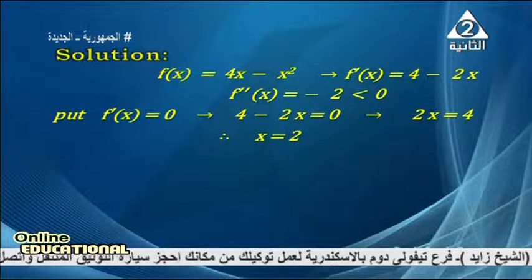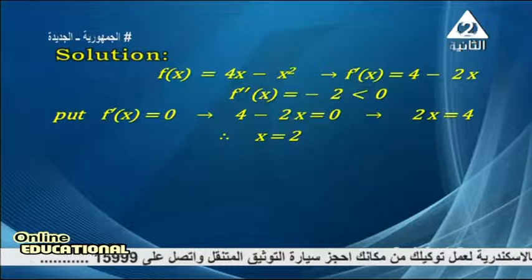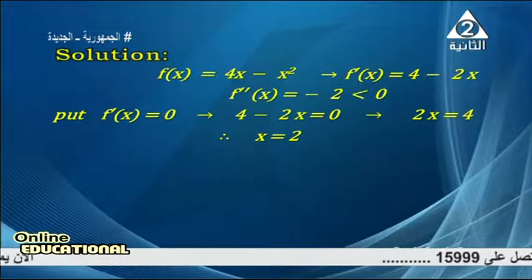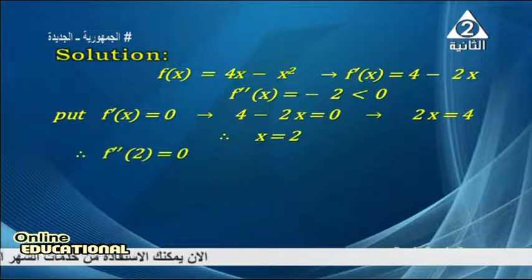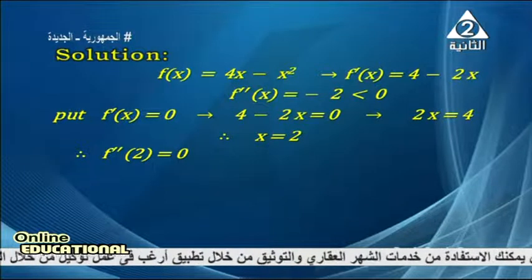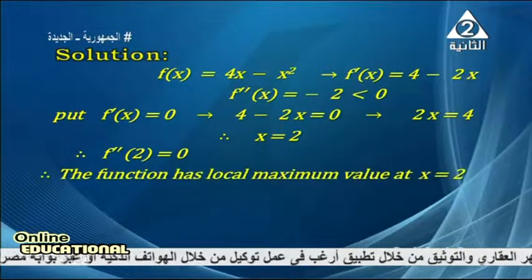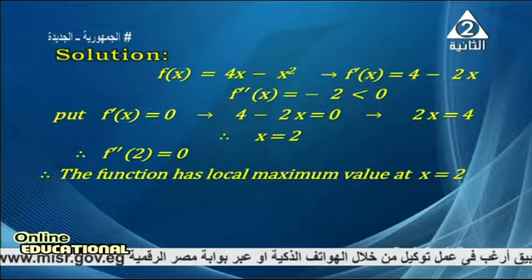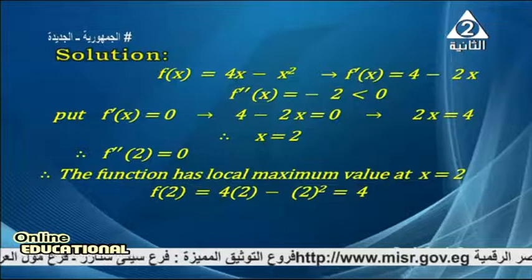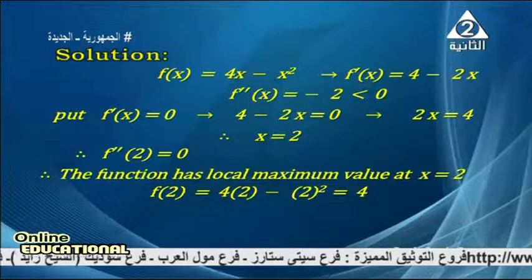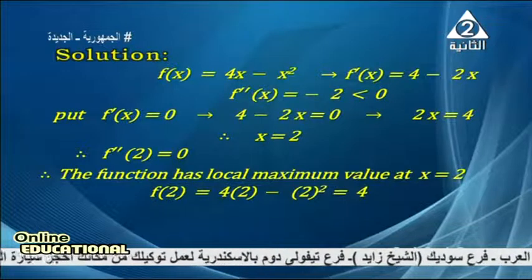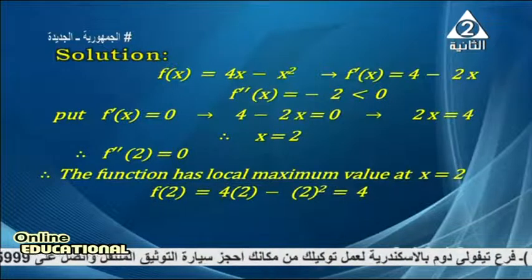What is the value of the second derivative at x equals 2? The second derivative f double dash 2 equals negative 2, which is less than 0. Then the function has a local maximum value at x equals 2. The value of f of x at x equals 2 equals 4 multiply 2 minus 2 to the power 2, which equals 4.